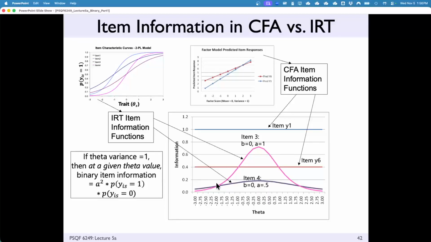But what that means is it's discrimination squared times the probability of a correct response times the probability of an incorrect response, both conditional upon the value of the trait. So as you can see, where your trait value is changes these product terms, and so the information an item provides is curved.